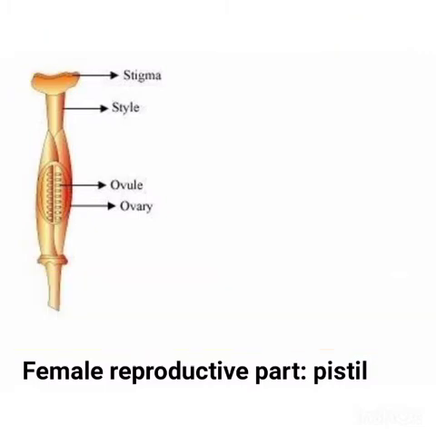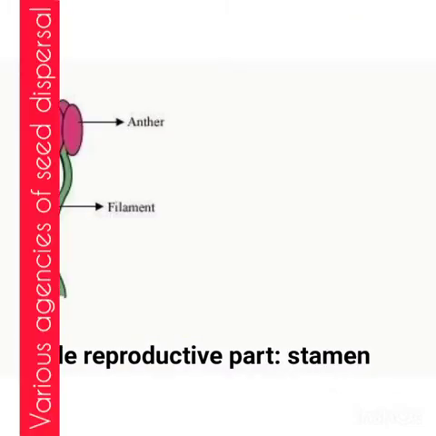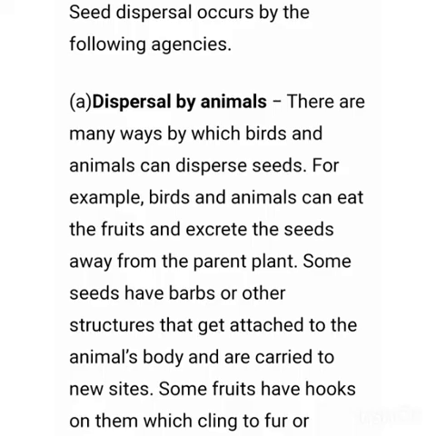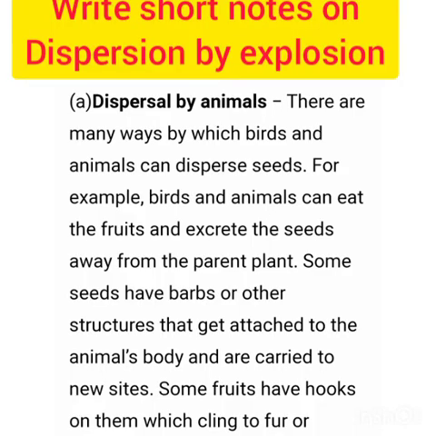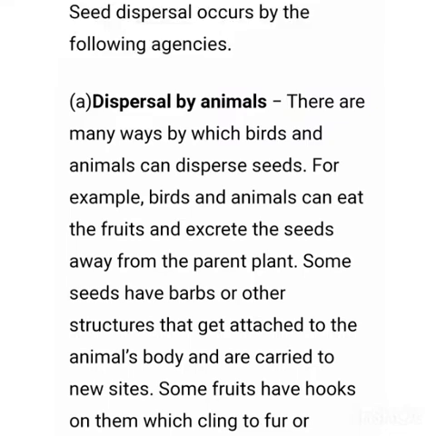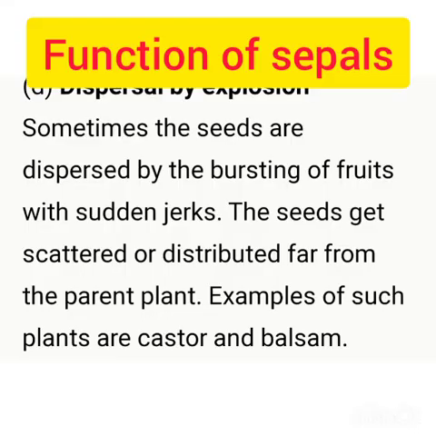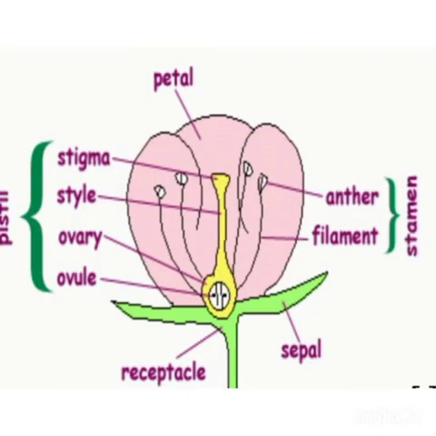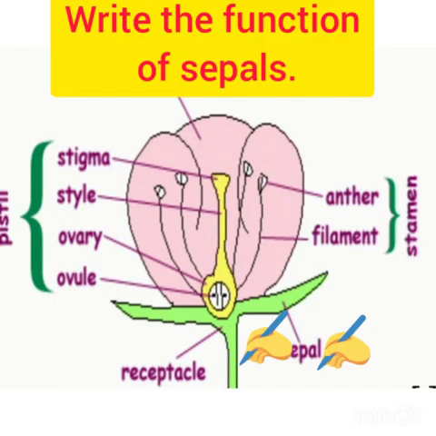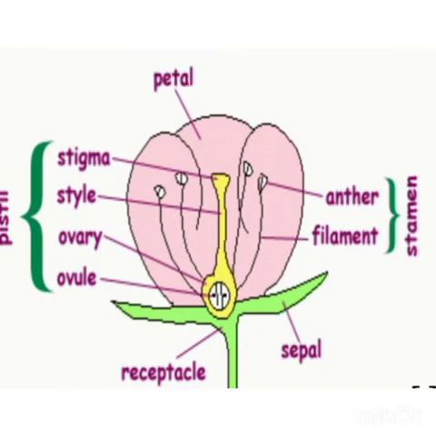Distinguish between sexual and asexual reproduction in the plant kingdom. In asexual reproduction, it requires only one parent. In sexual reproduction, it requires 2 parents. Then write down in asexual reproduction, newly developed plants are identical to the parents and to each other.